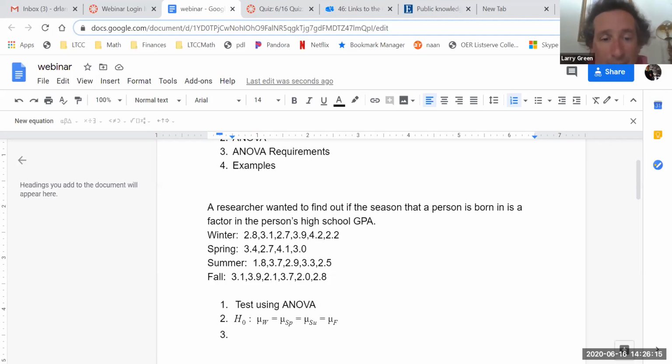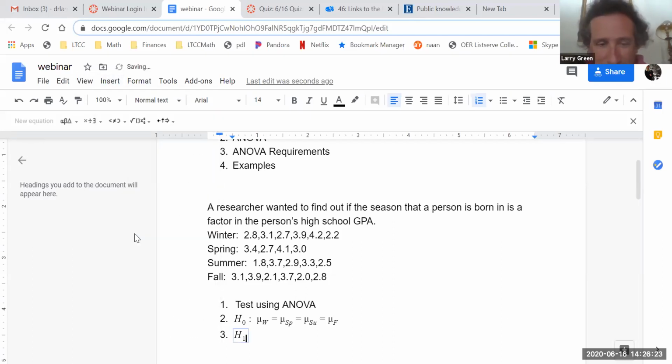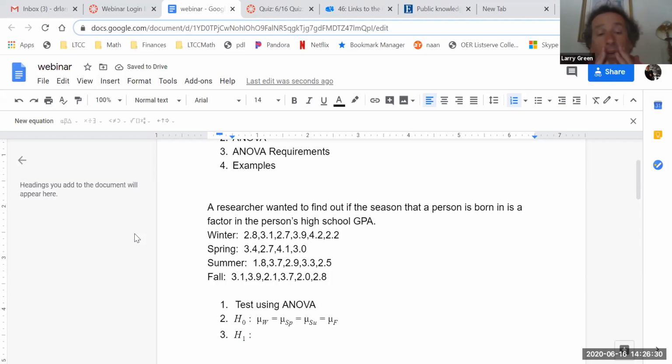Now let's do H1. And this is why things get a little bit confusing. So H1 is the following. So what is the opposite, right? H naught is that the population mean for winter is the same as the population mean for spring, equals the population mean for the summer, equals the population mean for the fall. What is the complement of that? What's the complement of they're all the same?